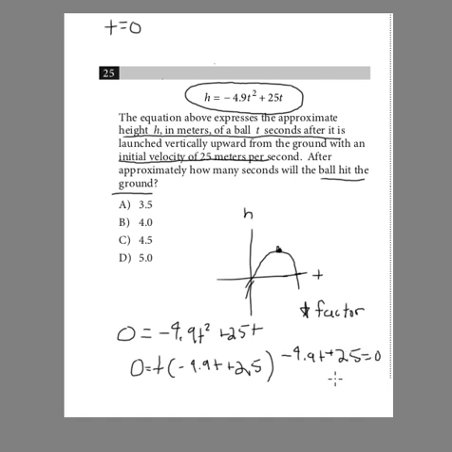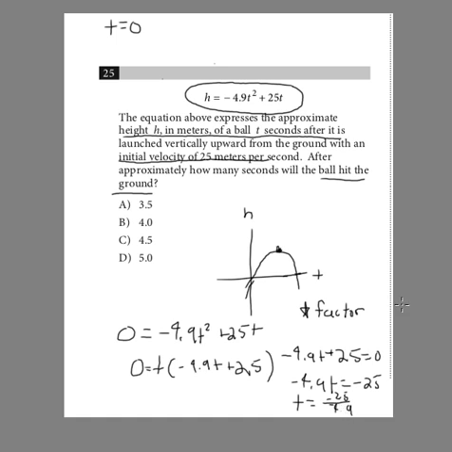We can subtract 25 on both sides, so negative 4.9 t is equal to negative 25. Then we can divide by negative 4.9 on both sides to isolate that t. So t is equal to negative 25 over negative 4.9.